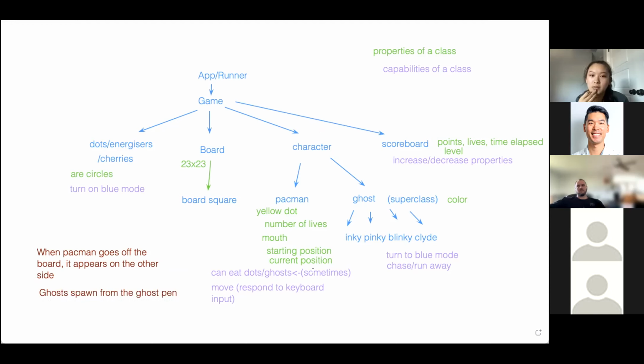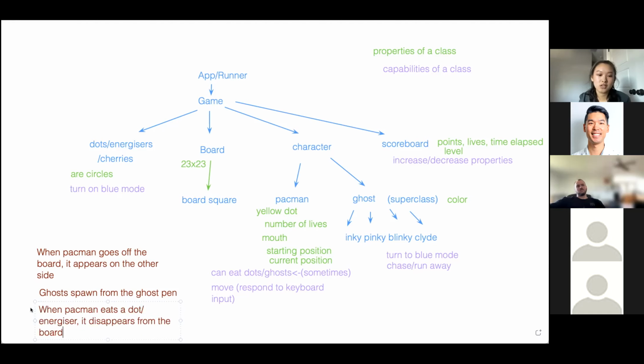So our game keeps track of an instance of board. And then when we initialize our ghosts, we can tell it to have its start location from within the ghost pen. And then we can also tell our board that those are the locations of the ghosts.